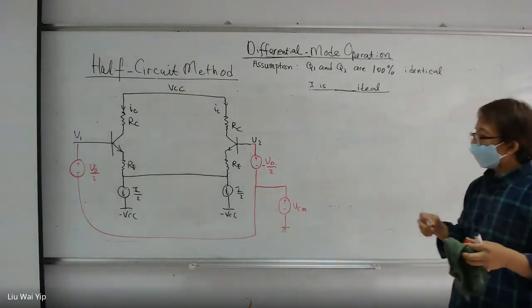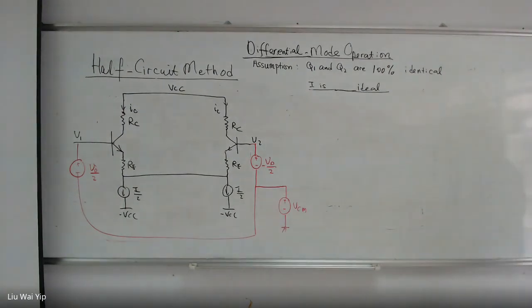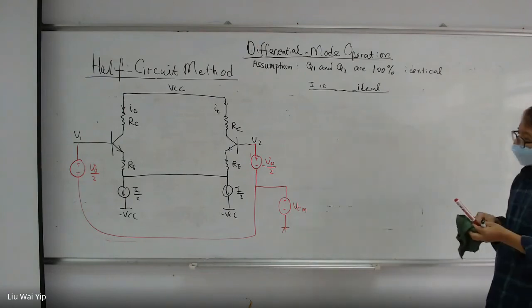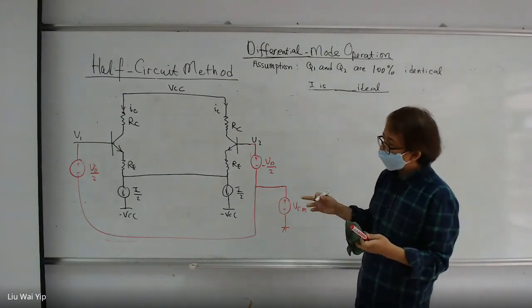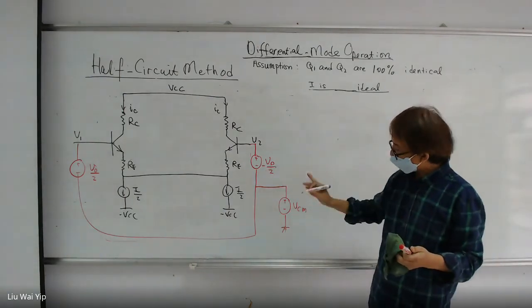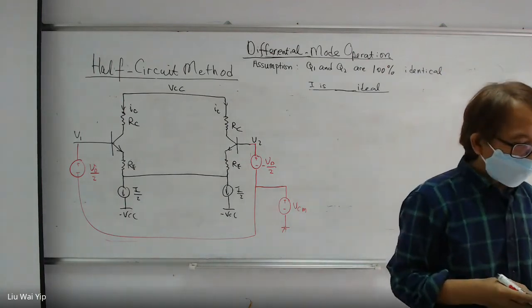So this is the originally expected structure of the input. The input has to have two parts. One is the differential mode, the other is the common mode.